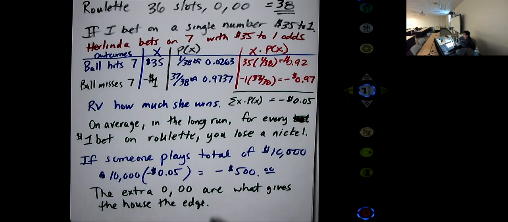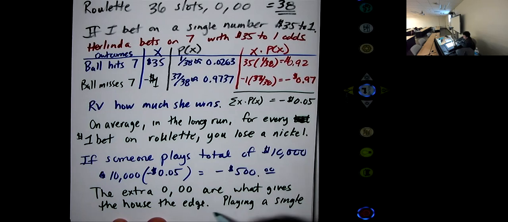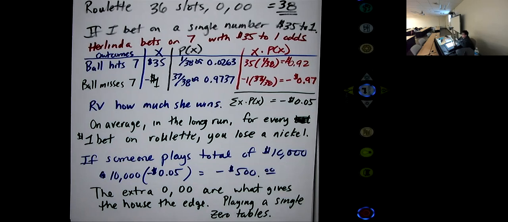So if you like playing roulette, roulette is fun. You're better off playing a single 0 table. They have them even in America. They tend to be the higher stakes tables.